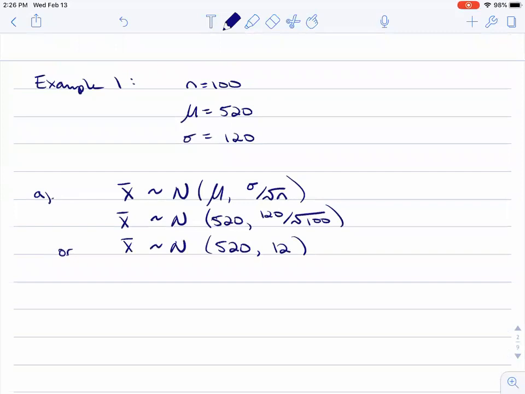So if we think about sigma versus the standard error, sigma is 120, and that's for a single observation. We're expecting a lot of spread here, but for a mean from a sample of size 100, we're expecting a spread of 12. Really condensed it. Any questions about that one?